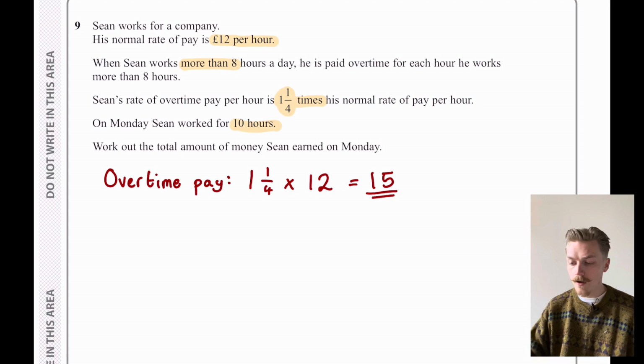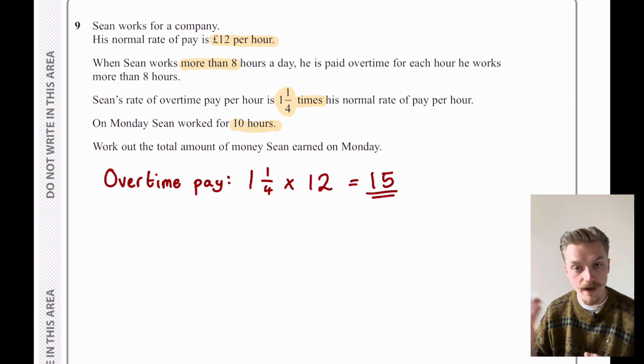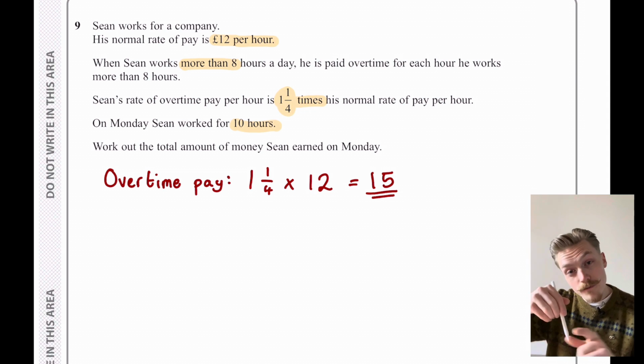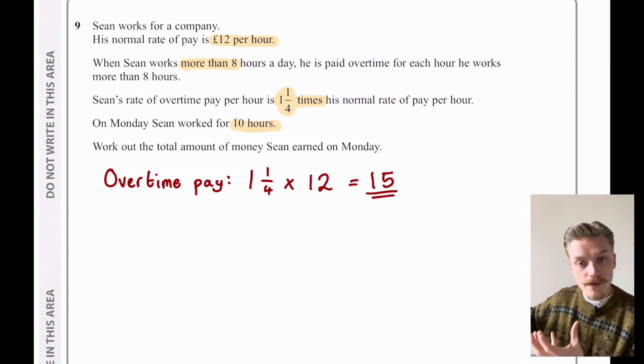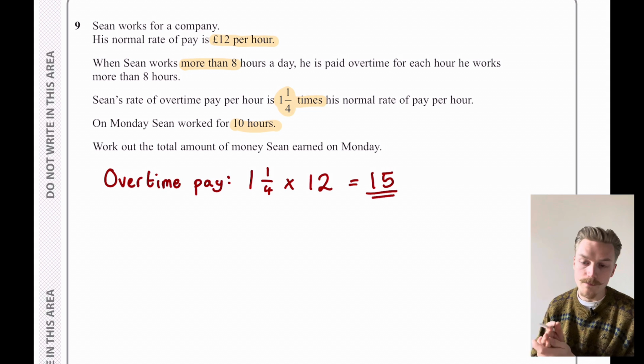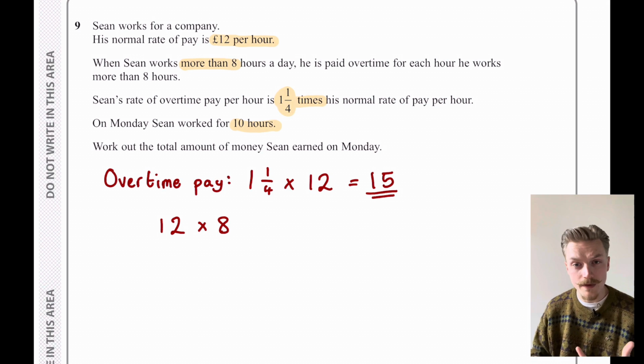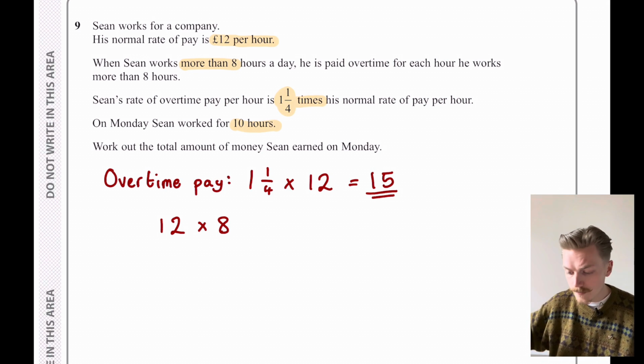So for 8 of those hours, we're getting paid normal rate. So for 8 hours, it's the normal pay, it's £12 per hour. However, for those extra hours above the 8 hours, I'm getting paid £15 per hour. So I'm getting paid £12 for 8 hours, so I'm going to times that. So I've got £12 8 times.